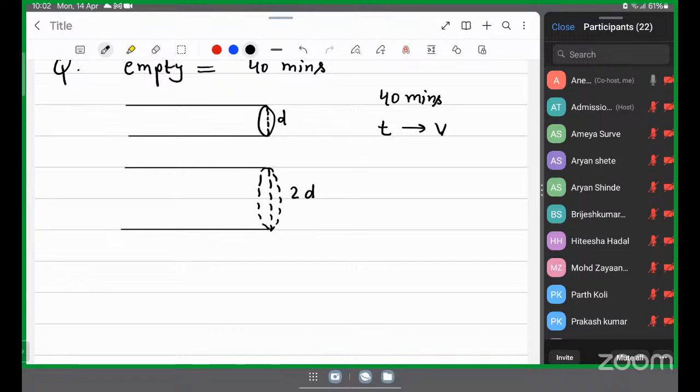If we are saying that 40 centimeter cube is dropped out in 1 minute, it means time is connected with volume, and volume is area into height, which is pi r square into height or pi d square by 4 into height. Yes or no? So you can clearly state that there is a connection between time and diameter.